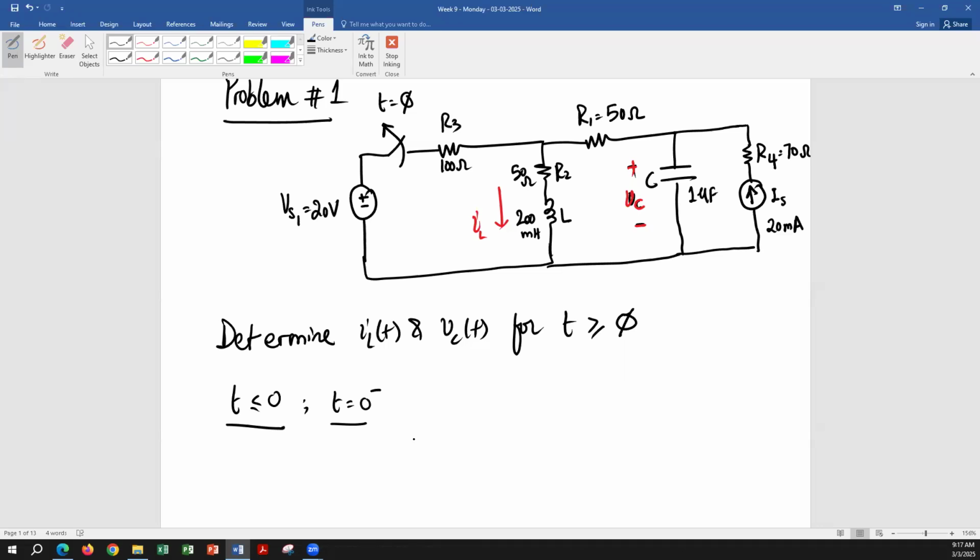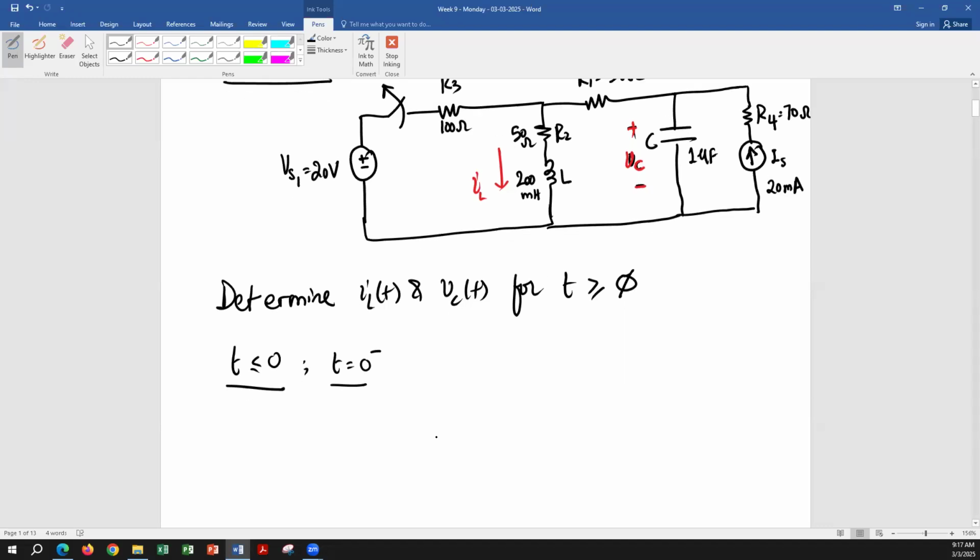I think maybe KVL might be easier because we already know the current there, so we can directly find the current in the left-hand loop, and then we can find the current passing through the inductor as the combination of both IS and the current in the left-hand loop. So I will apply KVL. That might be easier. KCL is easy too, but there's going to be one more step.